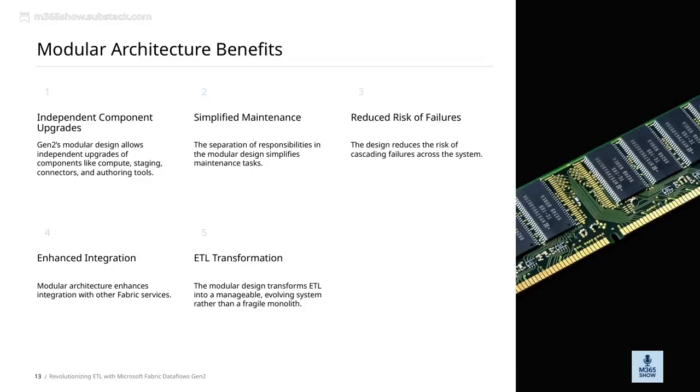This flexibility means we can improve or replace parts of the system on their own schedule, keeping everything up to date without unnecessary downtime. Altogether, these benefits highlight how this modular approach is truly revolutionizing ETL, making it more robust, flexible, and easier to manage in our evolving data landscape.